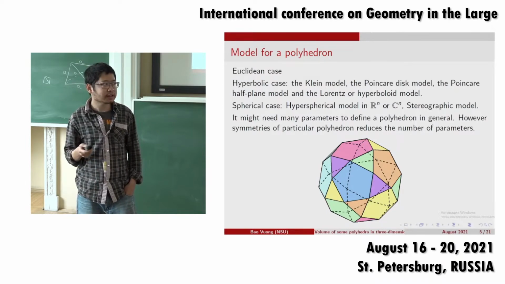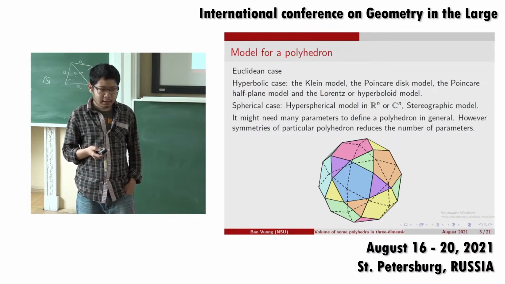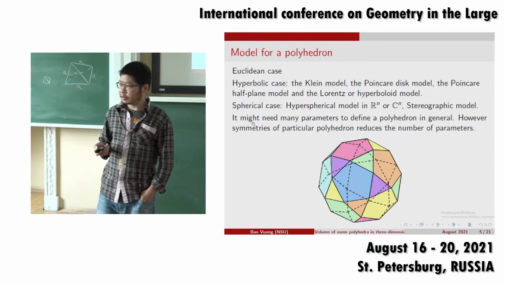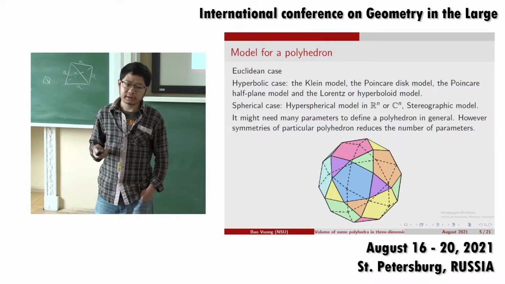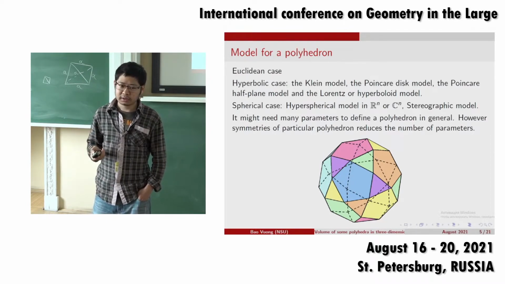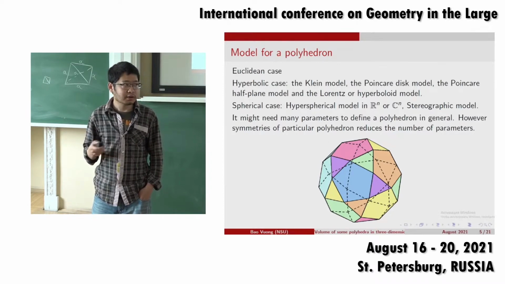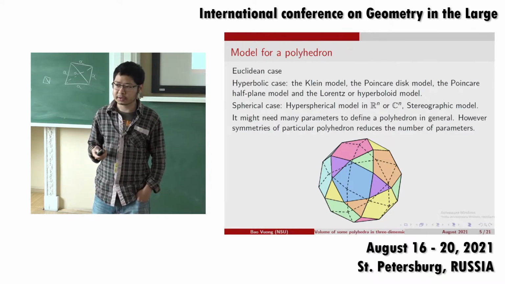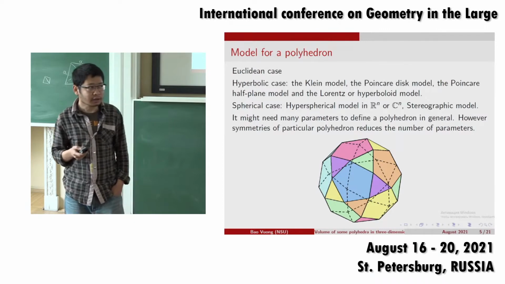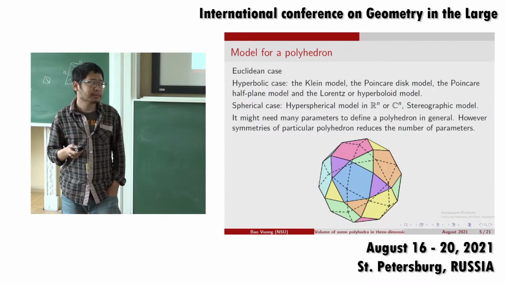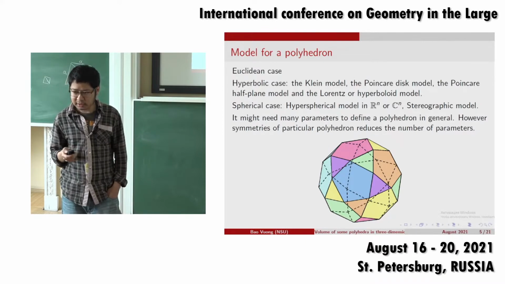The more parameters we need to define a polyhedron, the more complicated it is to work with it and to get its volume. However, symmetry of a particular polyhedron reduces the number of parameters, and that makes it easier to work with.